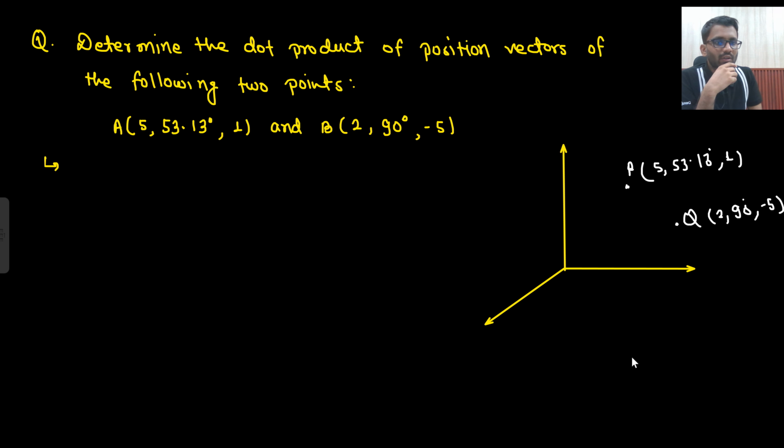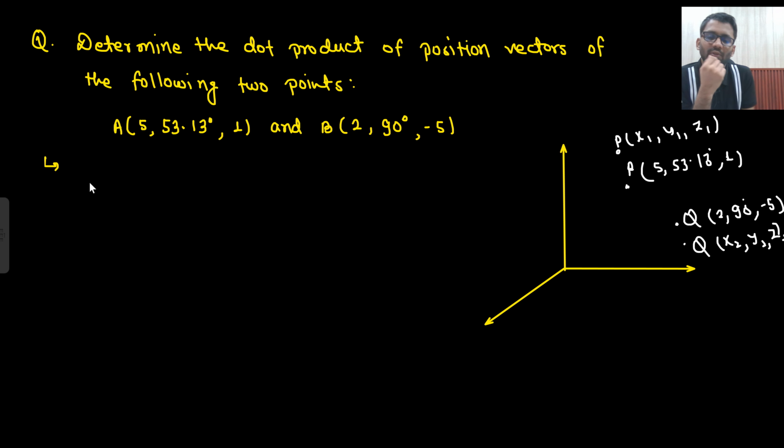But what you can do is convert it into Cartesian, and then you can tell the position vector of the point. If I convert the point P into x1, y1 and z1, then my position vector will be x1 ax cap plus y1 ay cap plus z1 az cap. And I can do the same for this one, x2, y2 and z2, so the position vector will be x2 ax cap plus y2 ay cap plus z2 az cap.